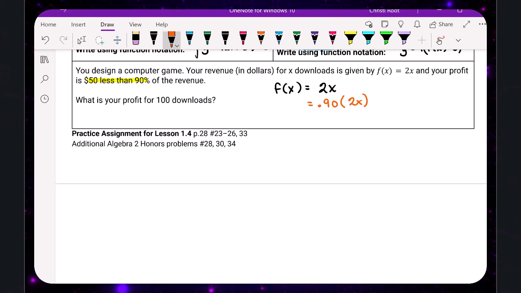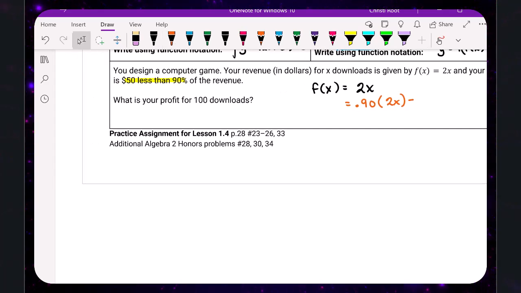So to find 90%, you just take it and you multiply it times 0.90. So that's pretty quick. Then if I wanted to do $50 less than that, you're going to lose $50. So I'm going to subtract 50.